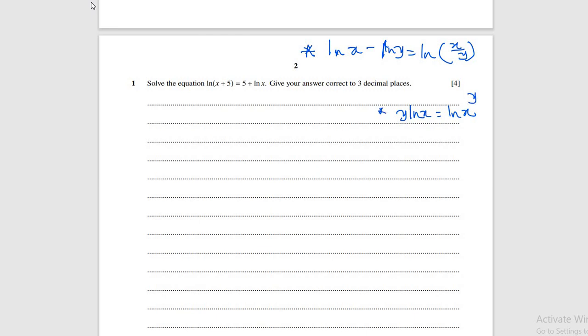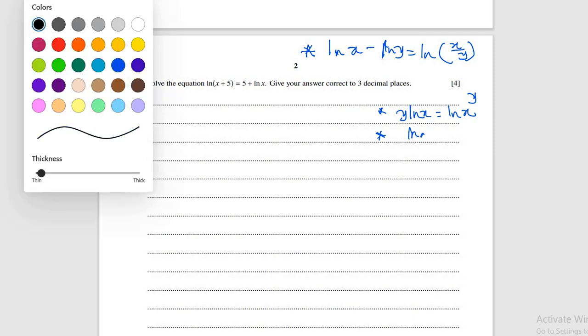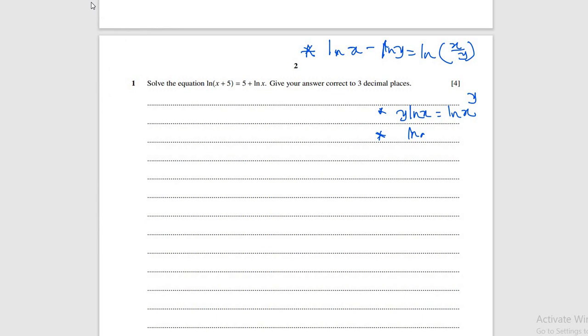And also, if we have a situation like this, ln A, or ln, let me continue with my x. Sorry, I need to change this color. Or if you have ln x equal to y, it means that this x equals e raised to power y.